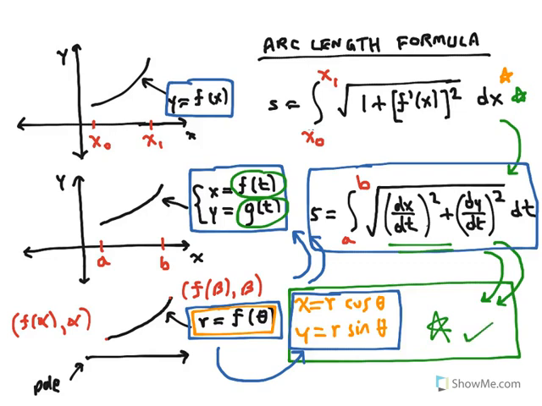But once you've done the derivation, you no longer need to convert your polar equation to parametric form, because you will be able to use this neat little integration formula that we will derive now and just do it directly from your polar equation, and that would give you arc length of your polar curve.